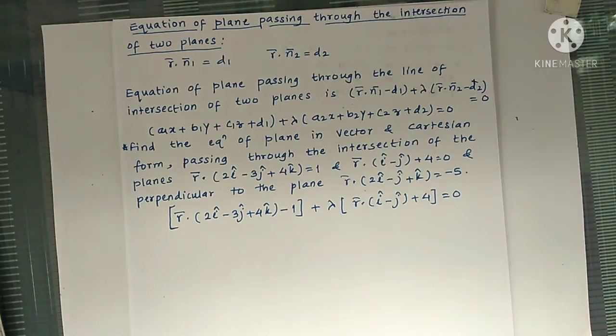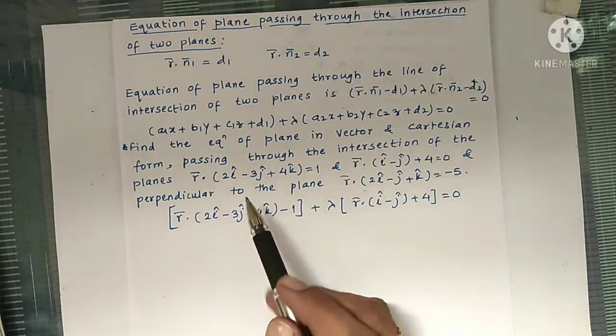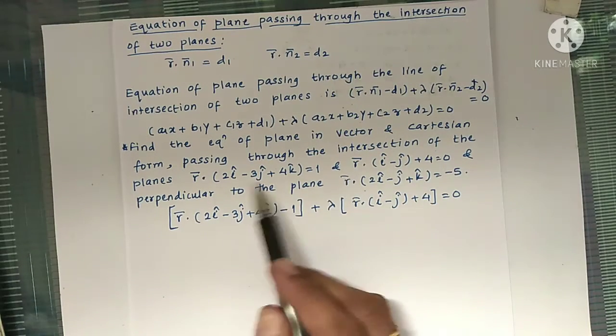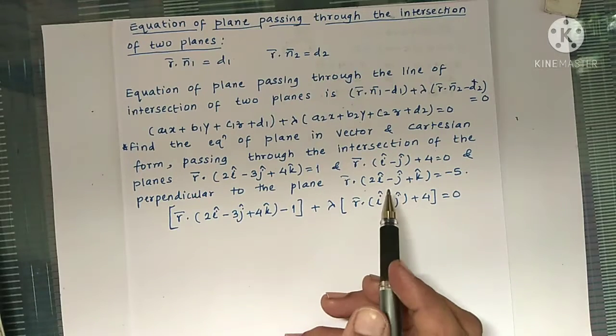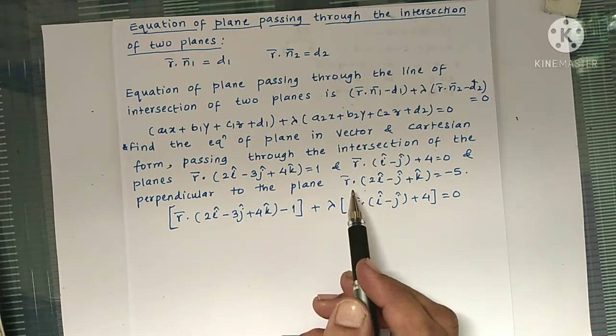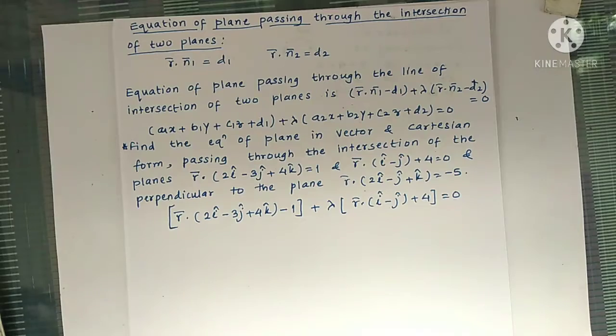Now consider this question. Find the equation of the plane in vector and Cartesian form passing through the intersection of these two planes, where the required plane is perpendicular to another plane whose equation is given, r bar dot (2i cap minus j cap plus k cap) equal to minus 5.